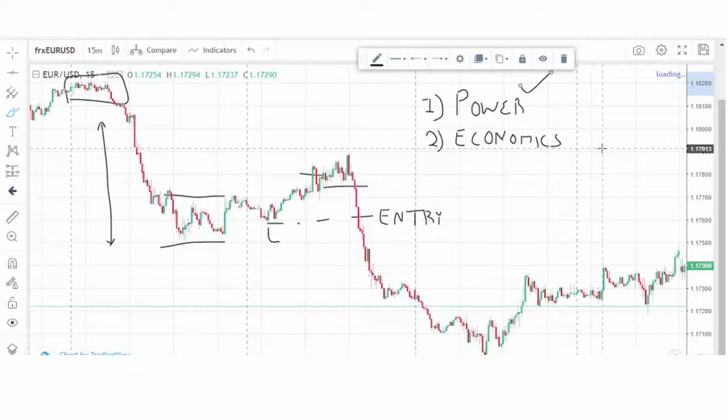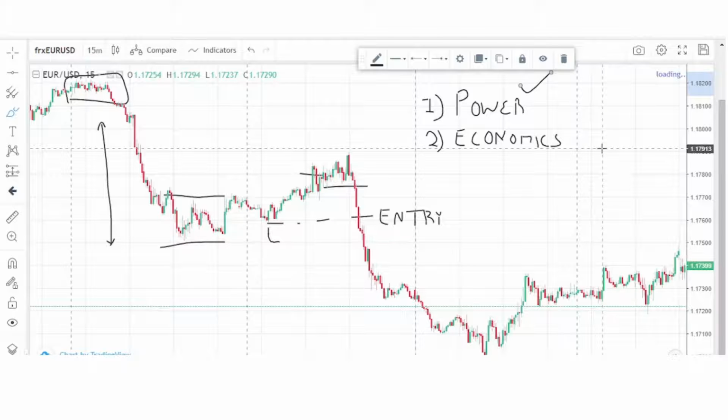If you see that the euro is weak, EUR/USD, euro is weak, and you look at the US dollar and you see that the US dollar has been strong for quite some time, then you will know that your market is going to go down. You have looked at your power, you've seen that there's seller's territory, and then you look at the economics, and the economics are telling you that the euro is weak and the dollar is strong.